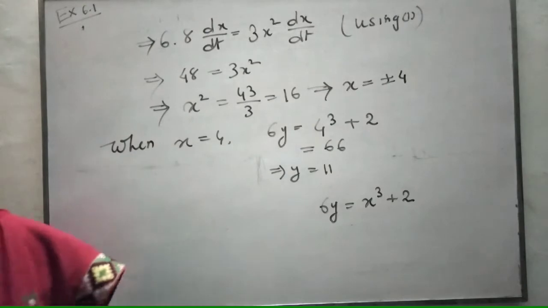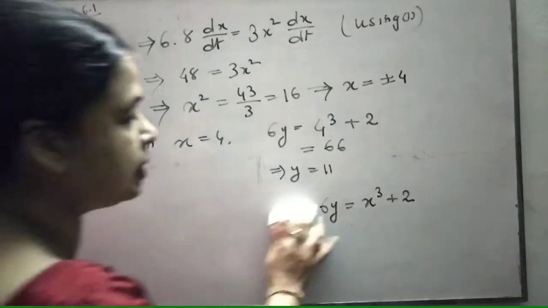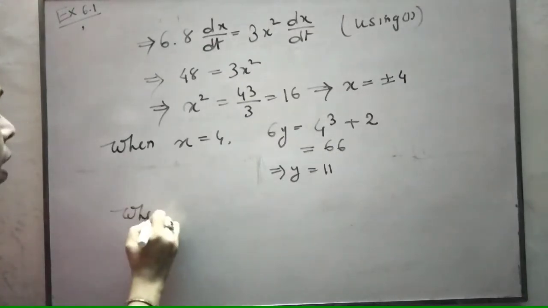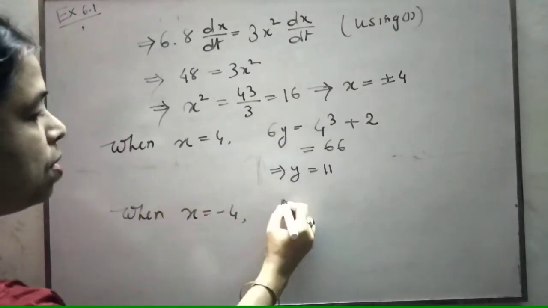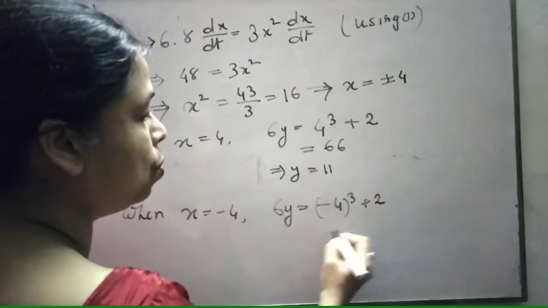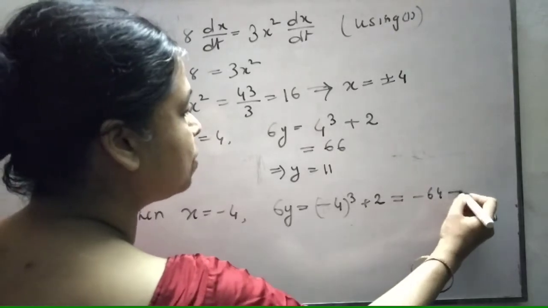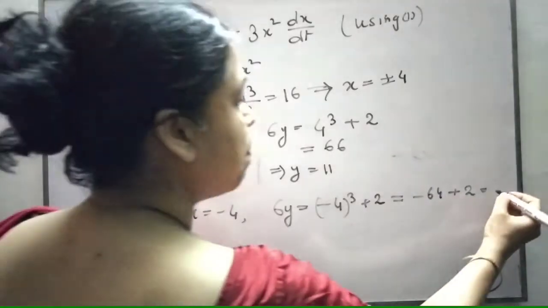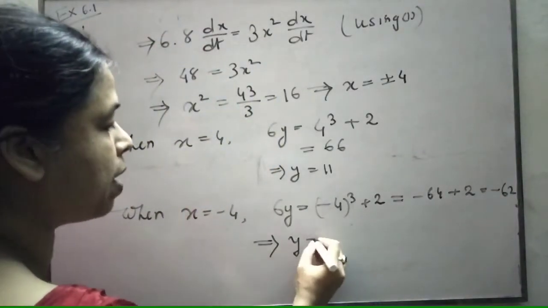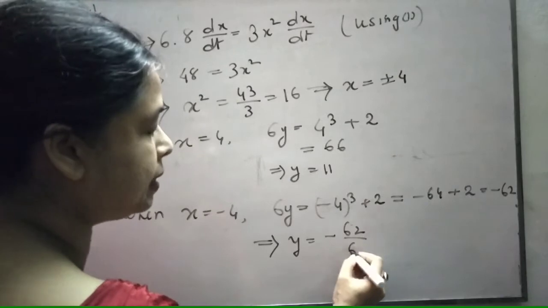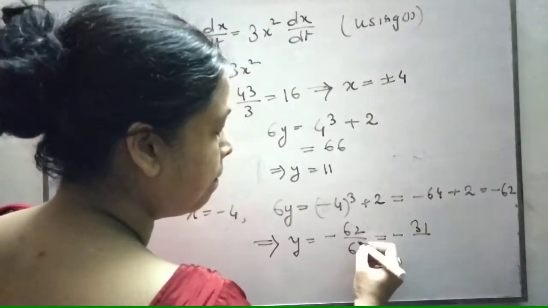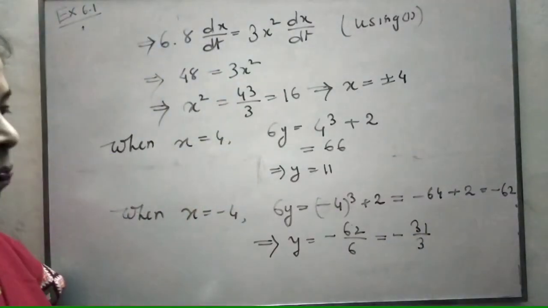And when we put x equal to minus 4, let us see what value we obtain. 6y will be equal to minus 4 whole cube plus 2, which is minus 64 plus 2, that is equal to minus 62. On calculation, y will be minus 62 by 6. Cancelling by 2, we have minus 31 by 3.